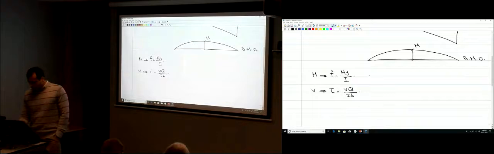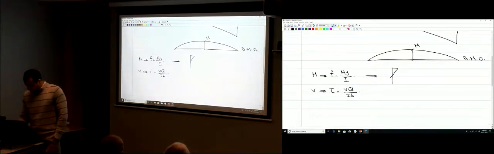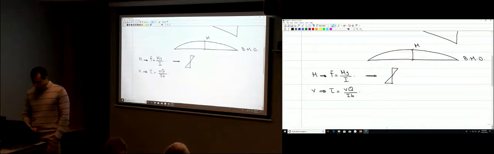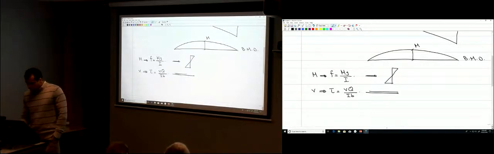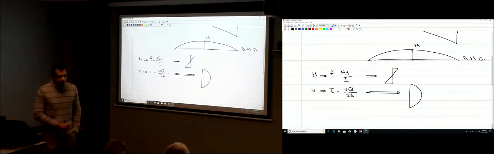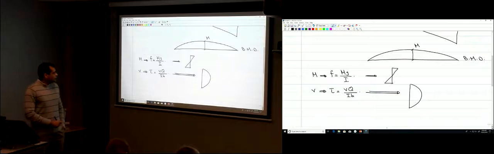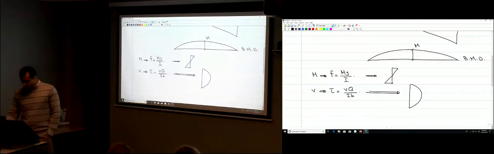So, for example, when you plot this at a section, it looks like this, okay? When you plot this relation here, you remember how did it look like? Like this, okay? Why? Because let's say this is your section.